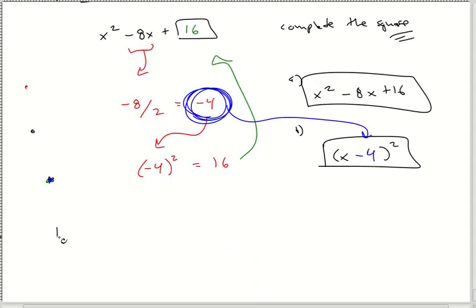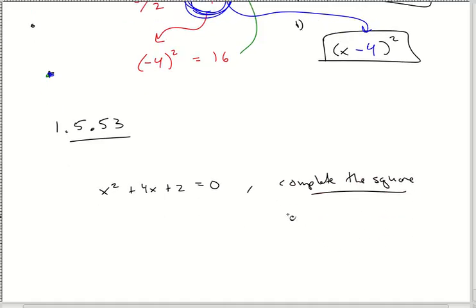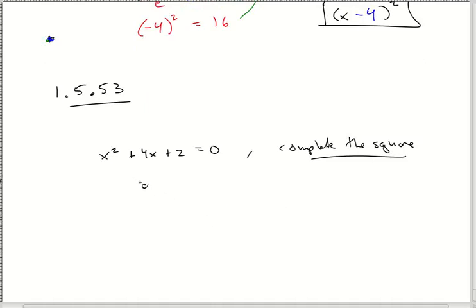Okay. Now we're going to do a real complete the square. A real one. Yep. So I got x squared plus 4x plus 2 is equal to 0. And they say complete the square. I think they actually say it this time, which is nice of them.